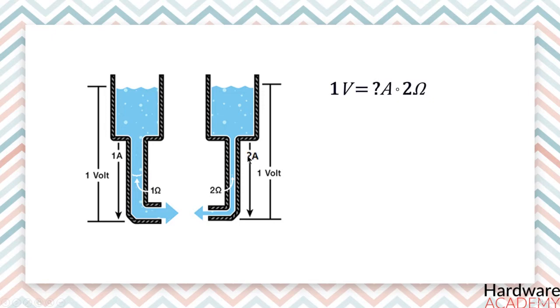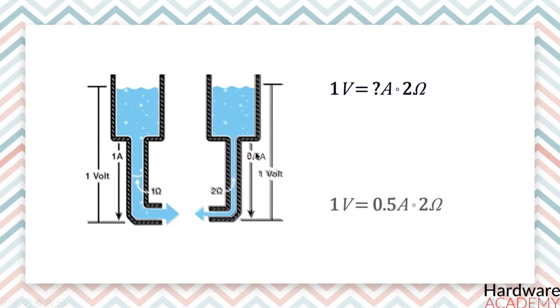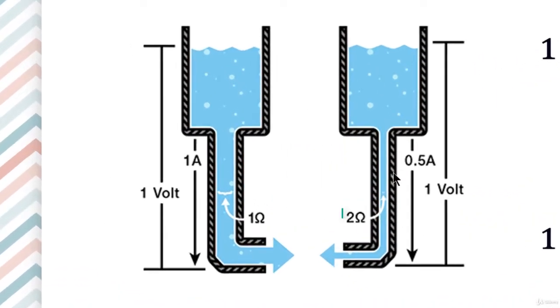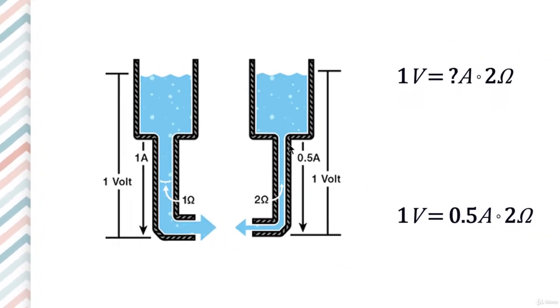Alright, but what is the current? Because the resistance is greater and the voltage is the same, this gives us a current value of 0.5 amps. The main takeaway of this water tank analogy is that the greater the resistance of the hose, the less amount of water, in other words current, will flow through it.